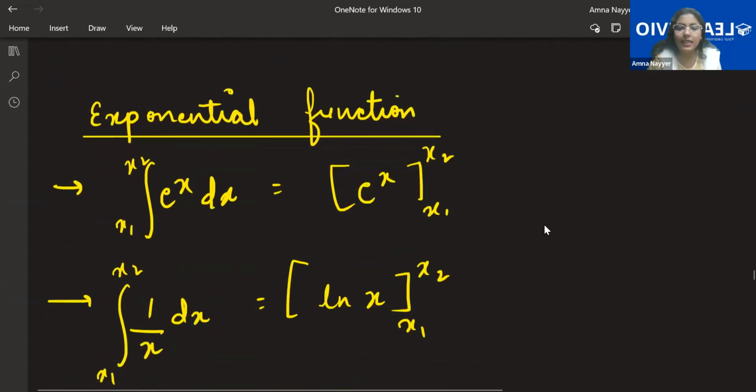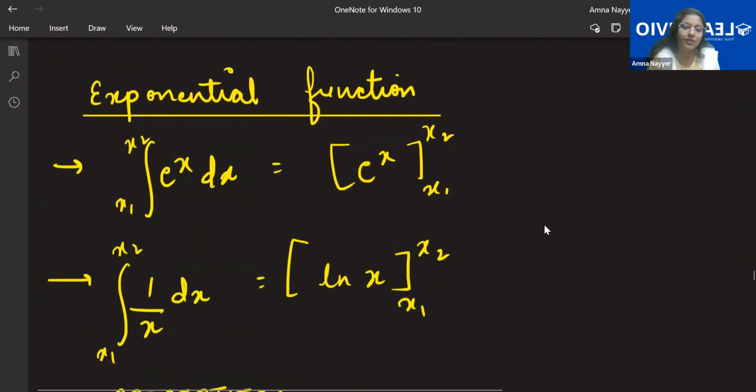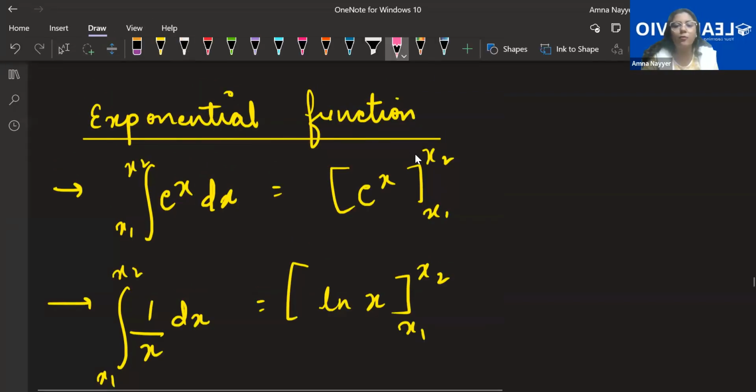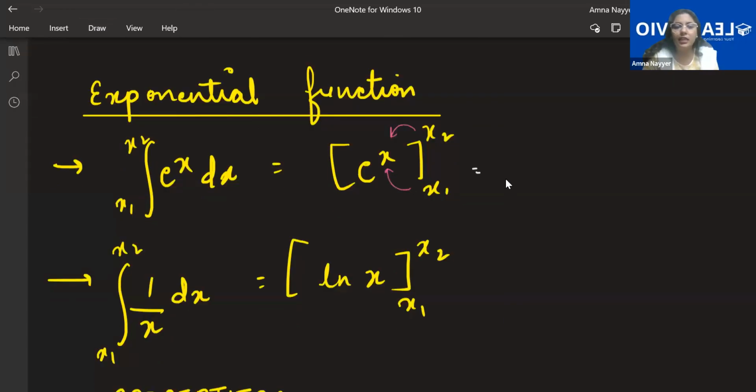Okay, and in exponential function and log function, exponential was remaining the same in differentiation. Remember, differentiating e to the power x remained the same. Here also it will remain the same, but since again we have a problem of limits, you will have to put in the limits. e to the power x2 minus e to the power x1. This is how you have to put. And remember when log was given, we used to write 1 by x.